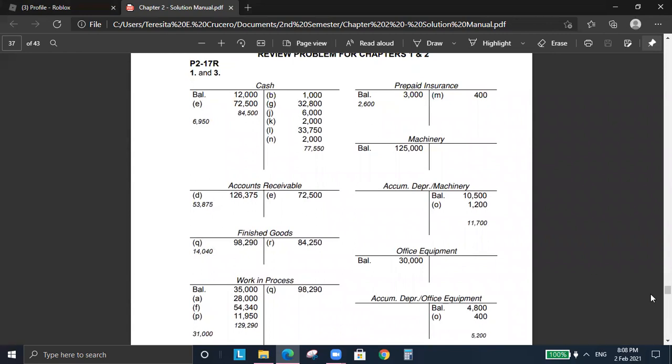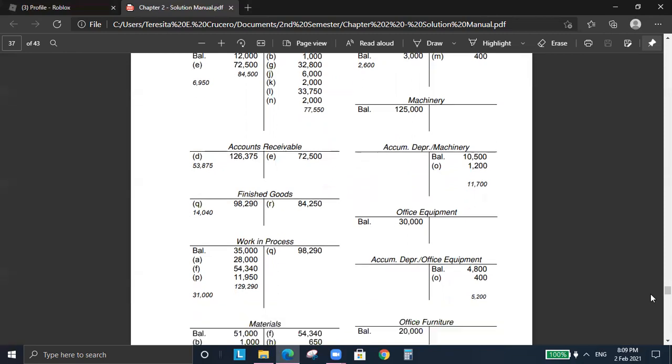There we have a balance of 3,000, and then machinery a debit of 125,000, accumulated depreciation a credit balance of 10,500, office equipment a debit balance of 30,000, accumulated depreciation, office equipment, a credit of 4,800.